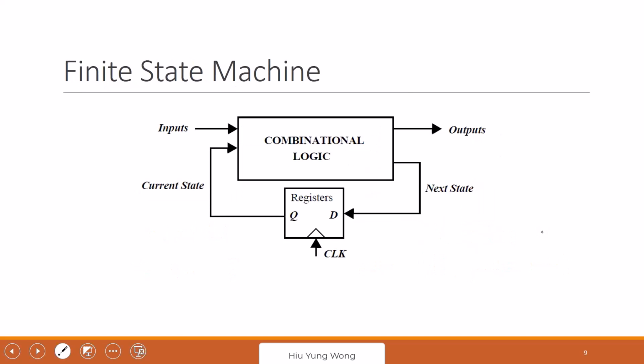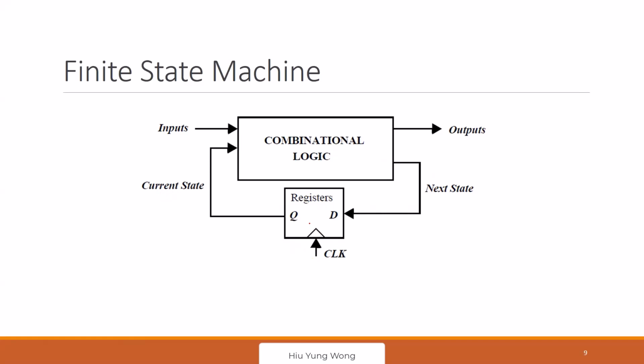That comes to the so-called finite state machine, right? We have input, we have output, and then you compute the next state. Then we have something called the register, and it will copy to the current state. This register is a little bit special.